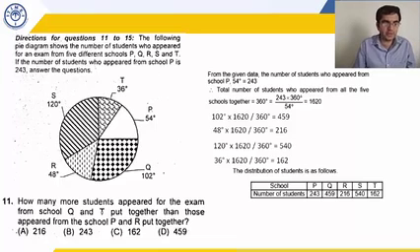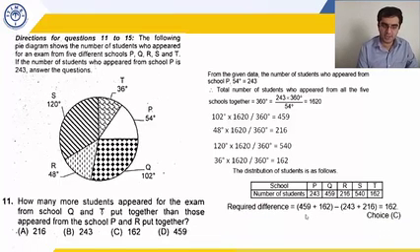Now what do you have to calculate? Q and T put together is how much more than P and R put together? Q and T, 459 plus 162, is how much more than P and R, 243 plus 216? So 459 plus 162 minus 243 plus 216, which is 162. 162 is the correct answer.